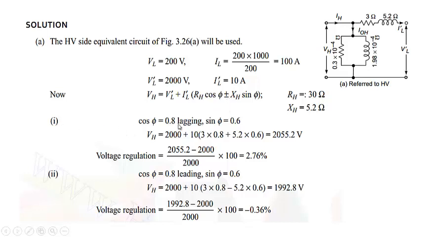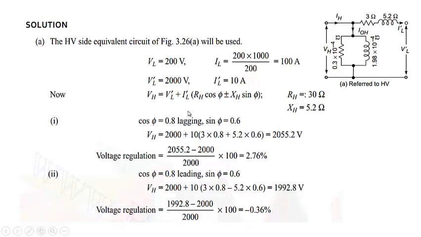Given that cos phi is equal to 0.8 lagging, sin phi will be 0.6. You can calculate cos inverse of 0.8 to get phi, and the sine of phi comes out to be 0.6. You should remember this combination: when cos phi is 0.8, sin phi is 0.6.